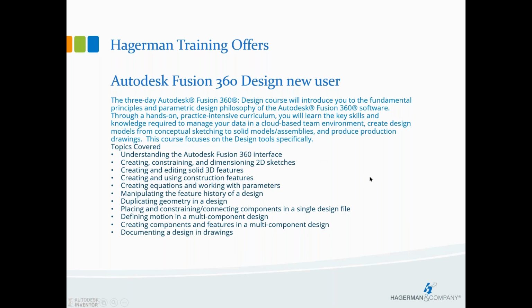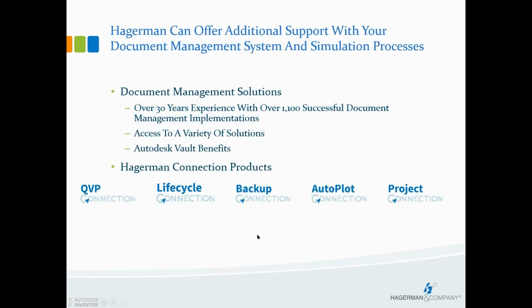As we mentioned, we can get into custom classes for the extensions, for the CNC work, for simulation, whichever work you want to get into. We also want to throw out our document management system and simulation processes. We've done a number of these implementations over the years, literally hundreds, thousands.